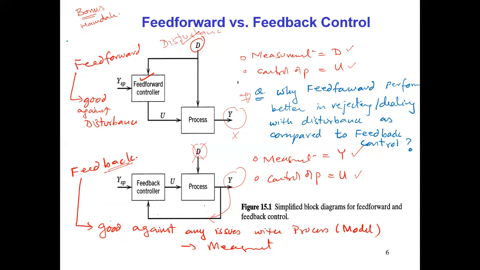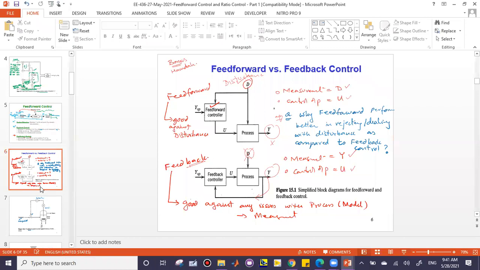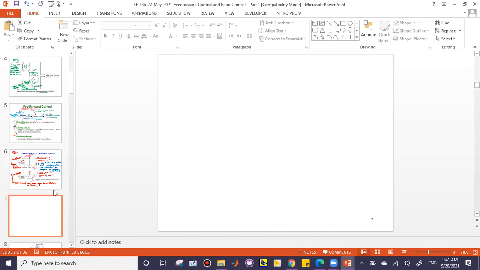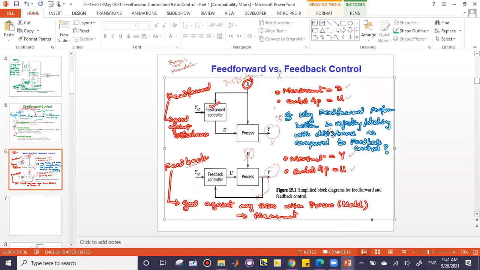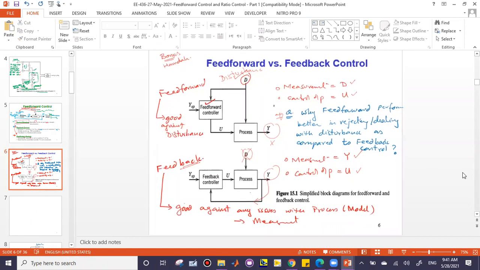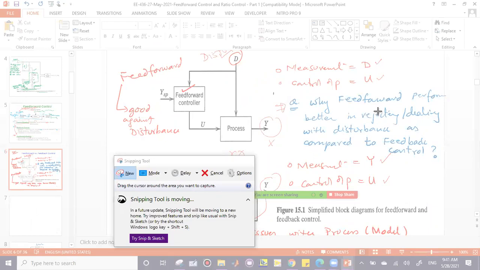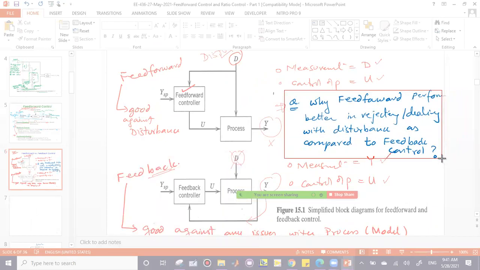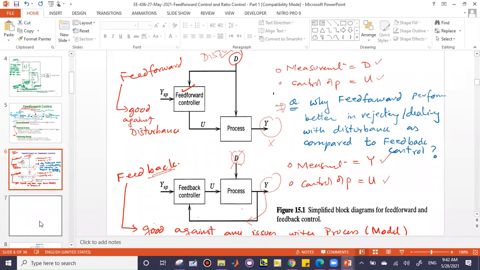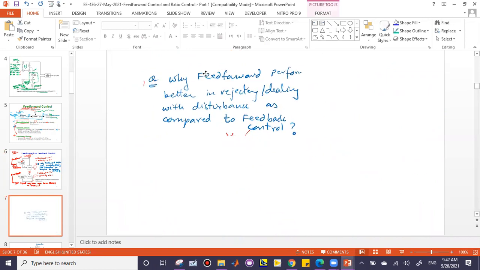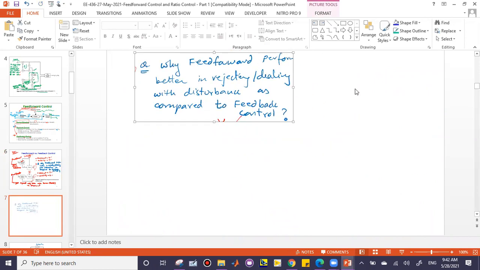Feed forward identifies the disturbance.